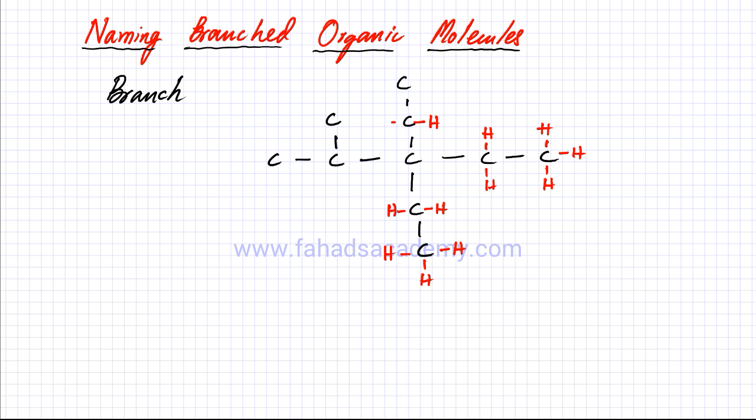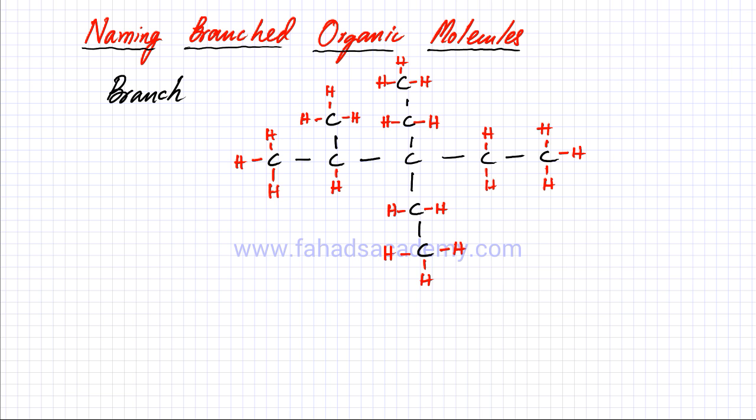So this has a total of 2 hydrogen atoms. This has a total of 3 hydrogen atoms attached to it. The bonds of this carbon atom are complete, making 4 bonds. This has 1 hydrogen atom, and this has 3 hydrogen atoms. This is also going to have 3 hydrogen atoms.